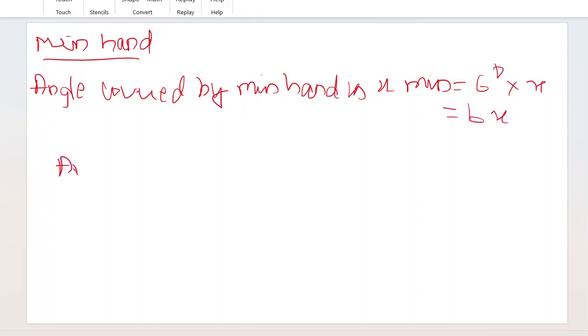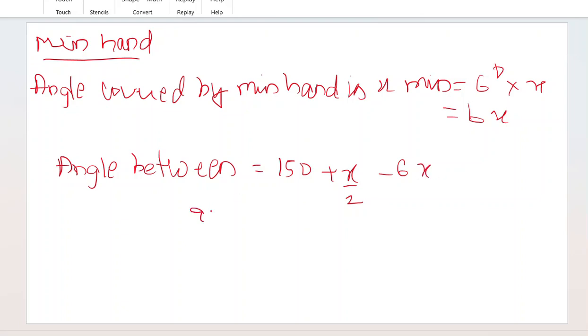Now again, when I do the angle between, I don't know who is bigger, so I start this way. I take 150 degrees plus x by 2 minus 6x, and I write the answer as 90. Again, if I proceed this way and I get the answer as negative, that means I have to change the way I subtract. So therefore I take 150 plus x by 2 minus 6x.